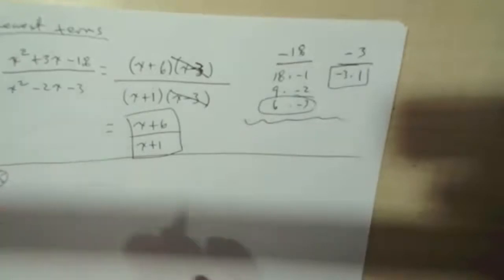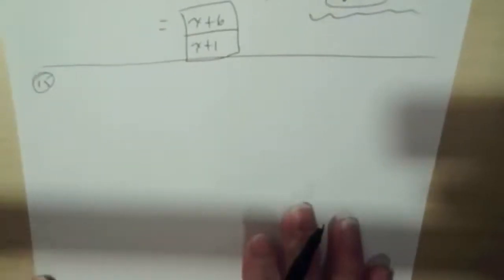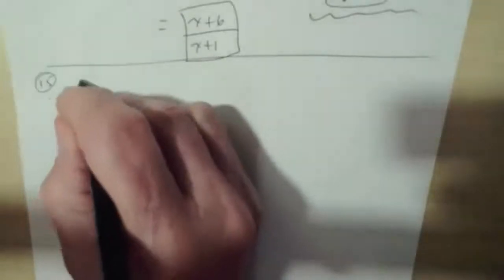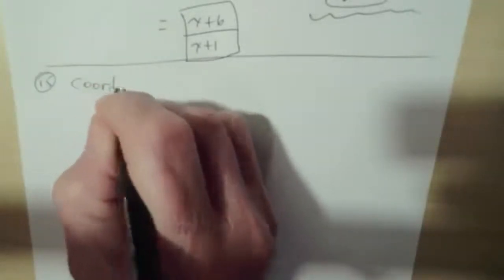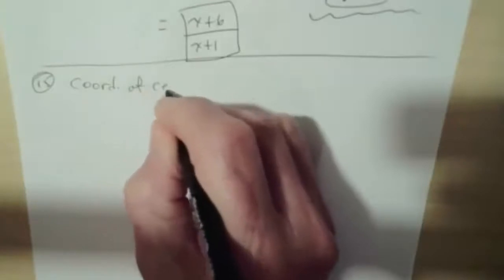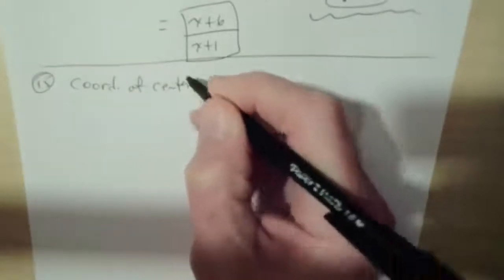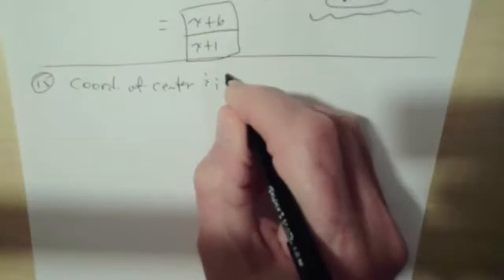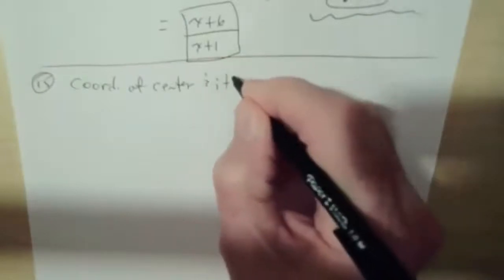Number 15. Calculate the coordinates of the center of the circle and its radius.